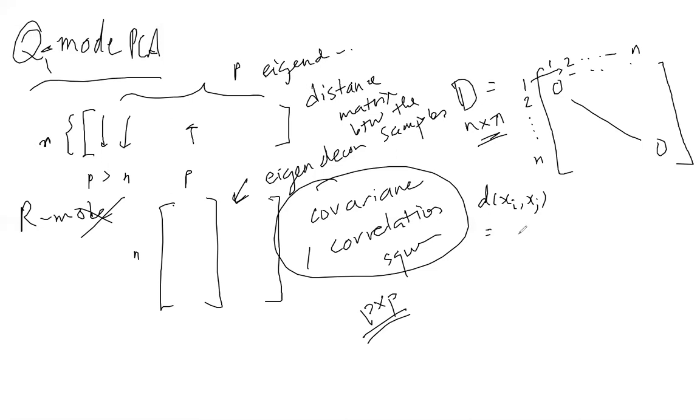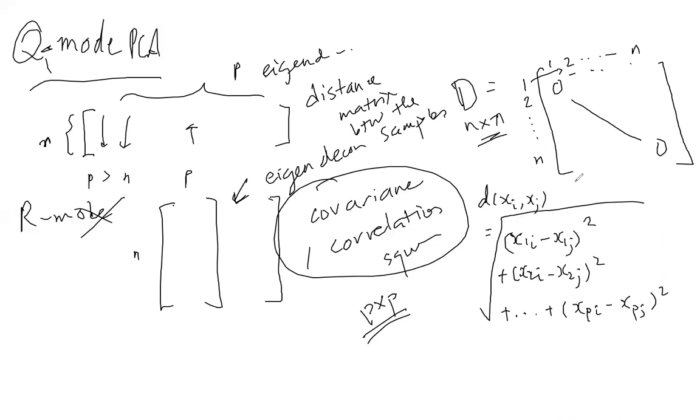So for Euclidean distance, you take x1i minus x1j, find the difference, square it, plus, so this is variable 1, variable 2 of individual i minus variable 2 of individual j, and you add everything, until variable p of individual i minus variable p of individual j. You square this, then everything you sum, you take the square root. This is the Euclidean distance.